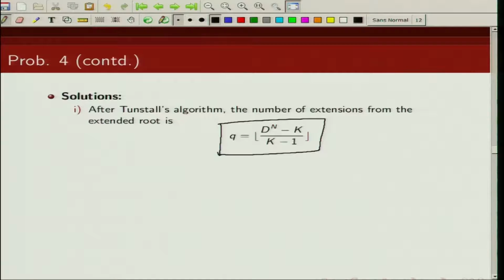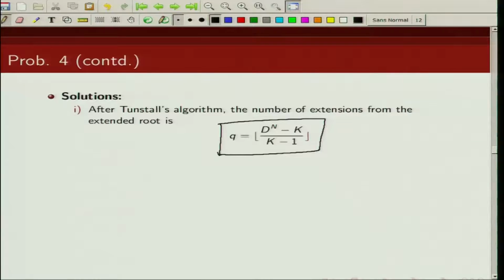It's floor of d raised power n minus k divided by k minus 1, because when we are extending a leaf, we are creating k new leaves, but one leaf becomes a node now. So each time we are actually adding k minus 1 new leaves. So the number of extensions that we would require to create a Tunstall message set is q, which is given by this expression.